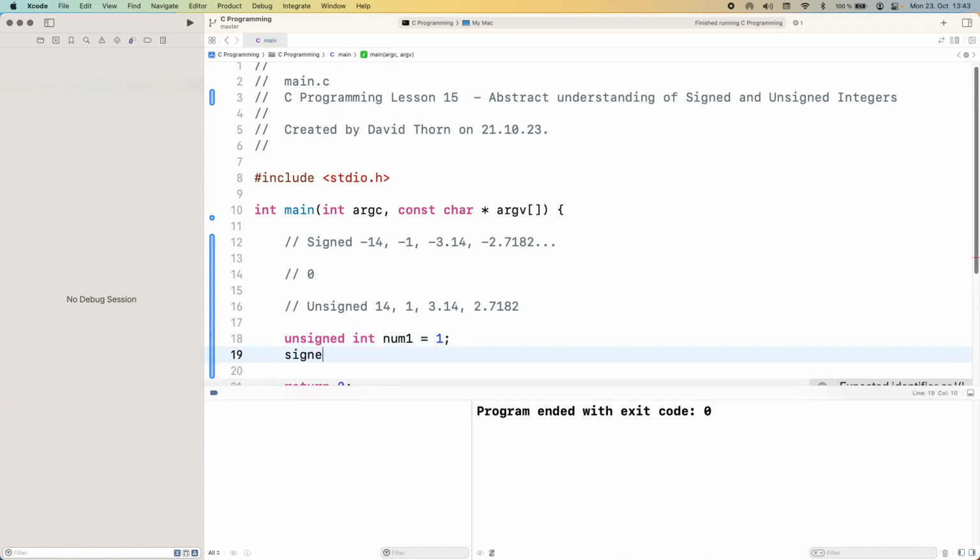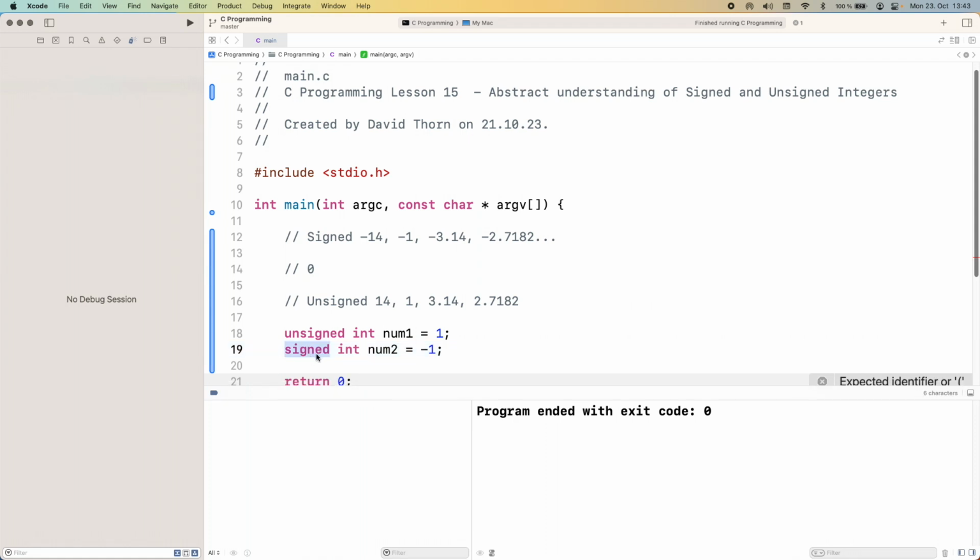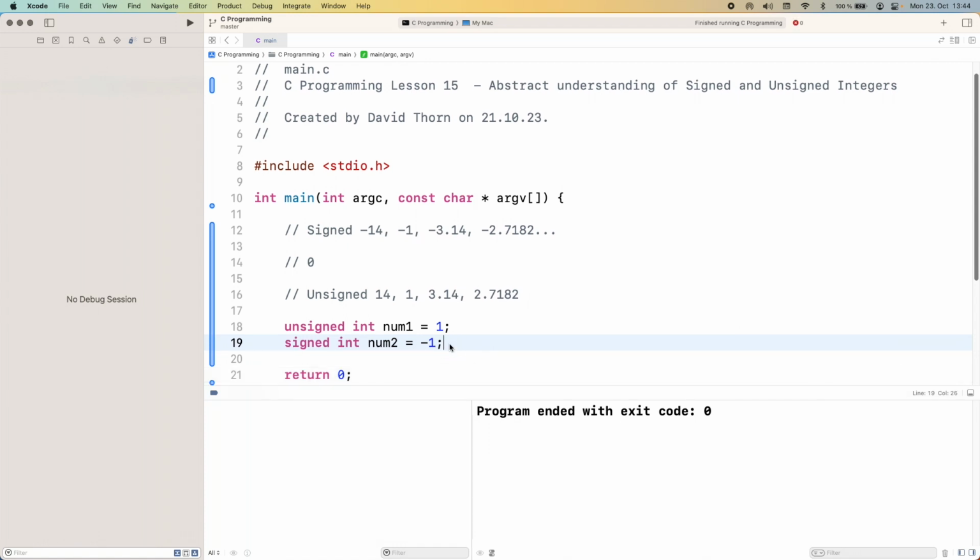Now, if we wanted to make this a negative number, and only a negative number, then we would say num2 is negative 1. This is now a signed integer because it has a sign, and the compiler knows that, based upon the limits of an integer, the size of an integer, this can be negative to a specific limit or lower bound, and it can be 0, and it can then be a positive number to the upper bound of what an integer in your environment can take on, right?